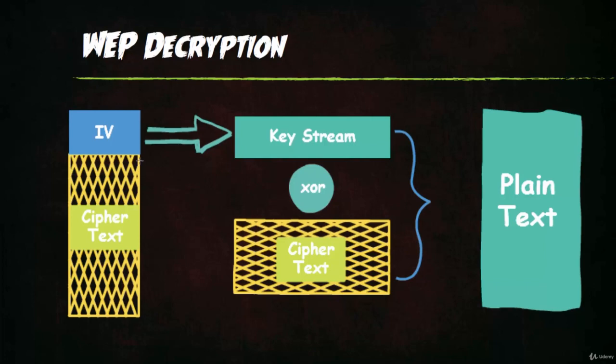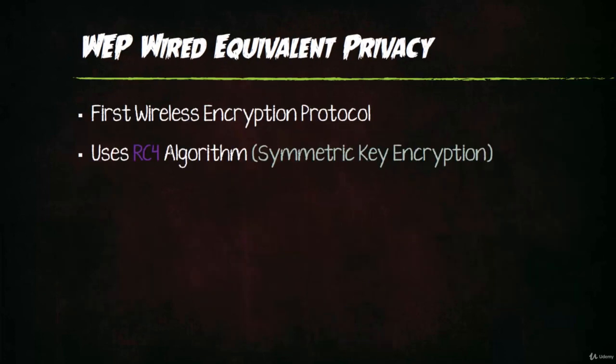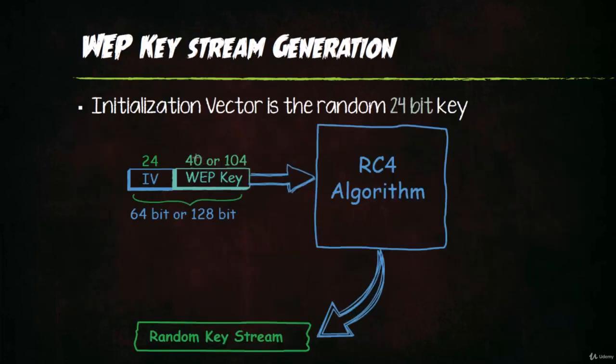So how does the supplicant decrypt this, right? Now we'll see how the supplicant decrypts this value. So the IV is in plain text, as I told you. So the supplicant can easily generate the key stream using this IV, because the supplicant also has this WEP key.